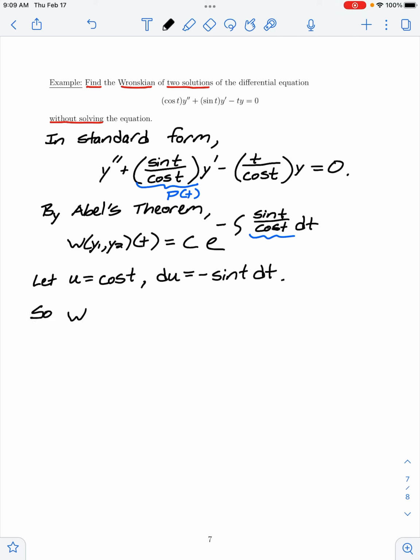And so rewriting our integral in the exponent in terms of u, we are left with the integral of 1 over u du.